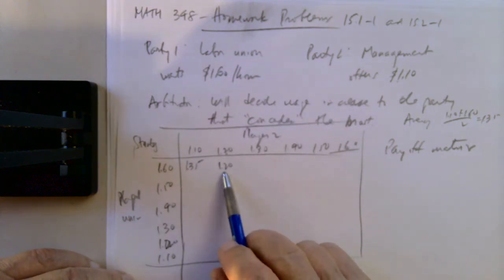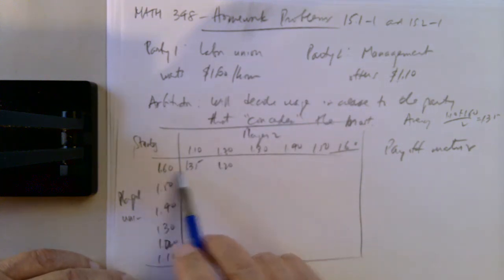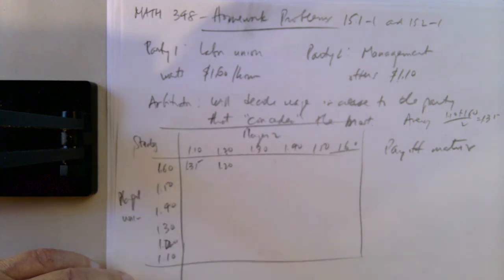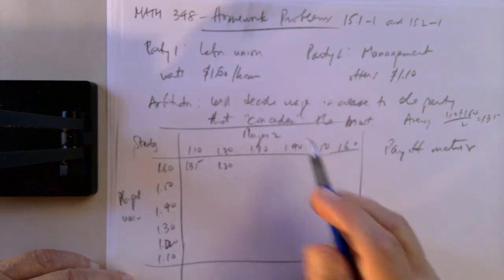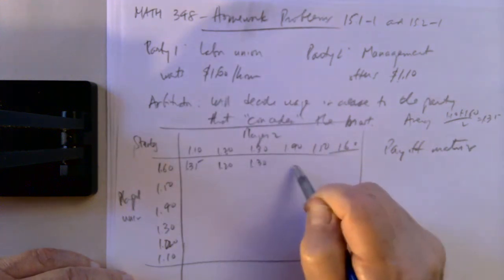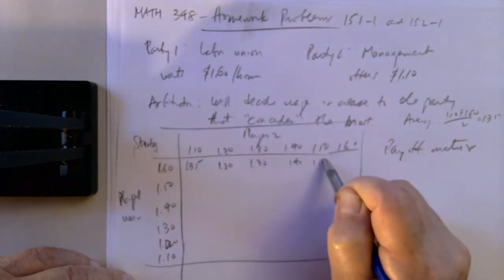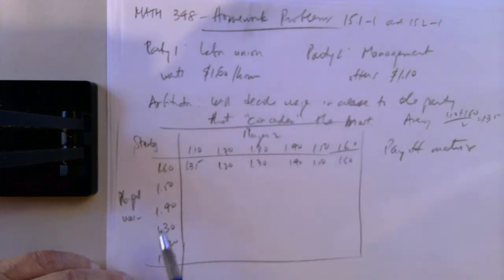So they'll end up with $1.20. And in fact, in all of these cases where the union concedes nothing and management makes increasingly better offers, the arbitrator will always go with management.